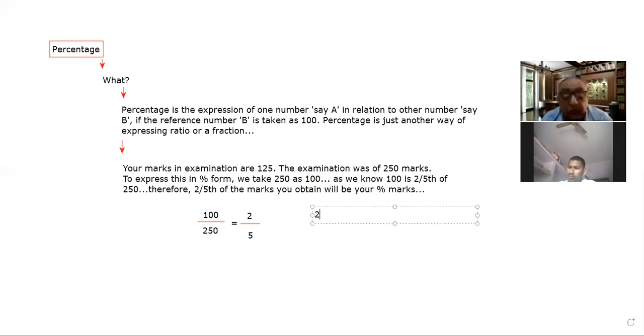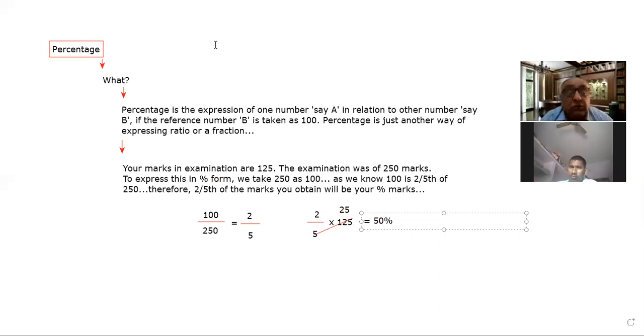So 2 upon 5 multiplied by the marks you have obtained, 125 marks, becomes 50. So your percentage of marks is 50%.